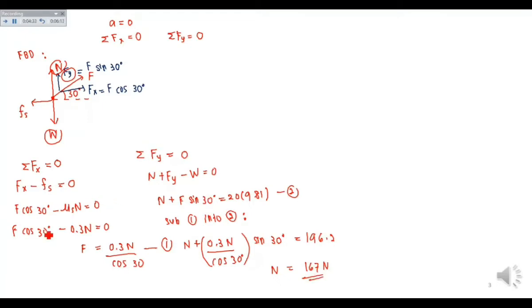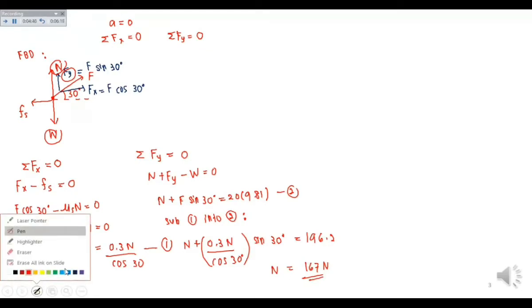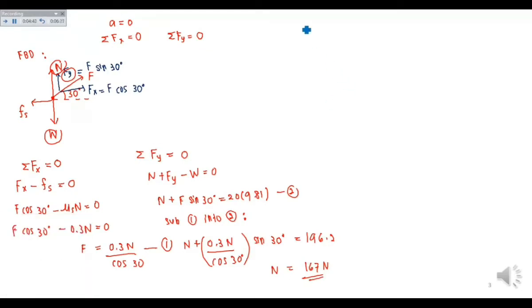Okay, so soalan yang kedua minta kita cari the value of the force F. So untuk soalan yang kedua kita nak cari F. So kita just masukkan value of N yang kita dah dapat kat bawah ni ke dalam equation yang pertama. Masuk dalam equation pertama boleh, equation 2 pun boleh.